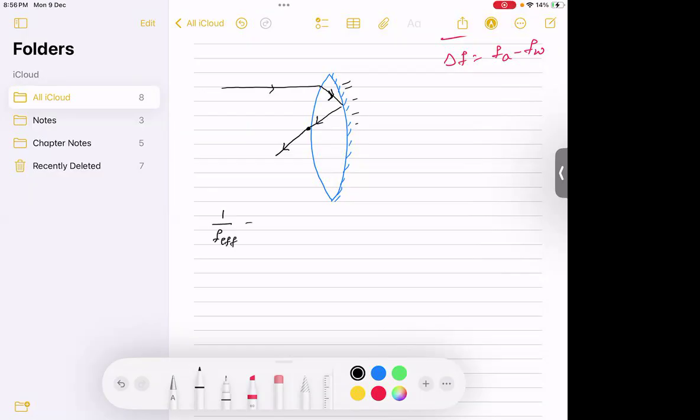How many times is the refraction taking place in the lens? 2 times. So it is 2 divided by the focal length of the lens, minus, because it behaves like a concave mirror, minus 1 divided by the focal length of the concave mirror.